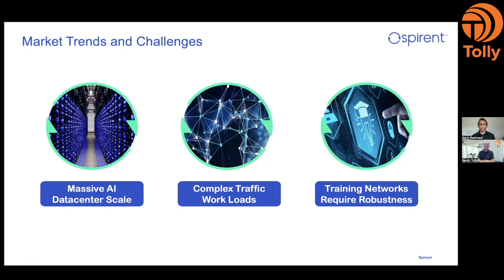So there are three different elements of the challenge that's seen out in the production networks. First is the massive scale of the AI data center. The scale is something that's unseen before. So that's number one.